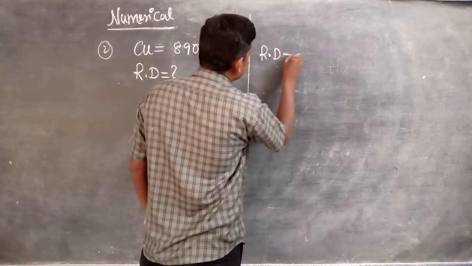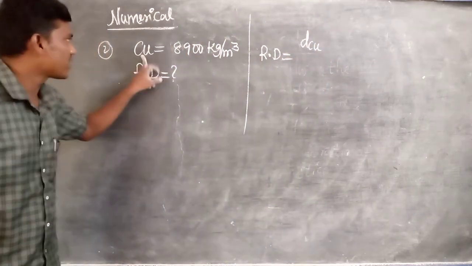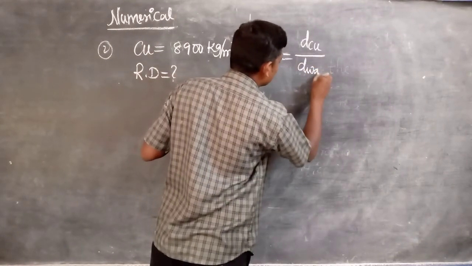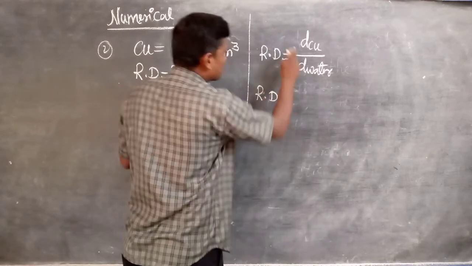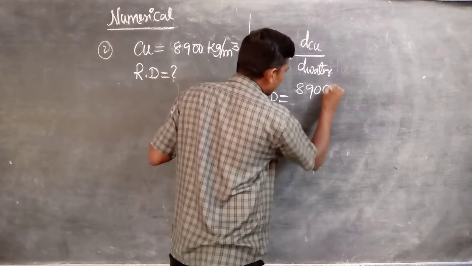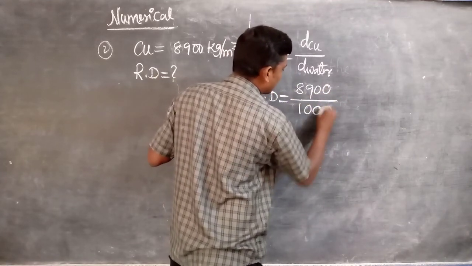Relative density equals density of copper upon density of water. The value given is 8,900 upon the density of water in SI unit, 1000.